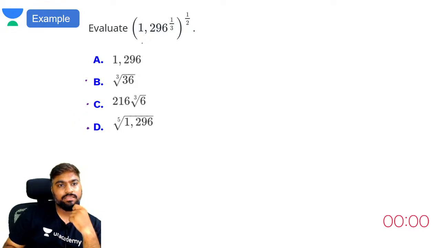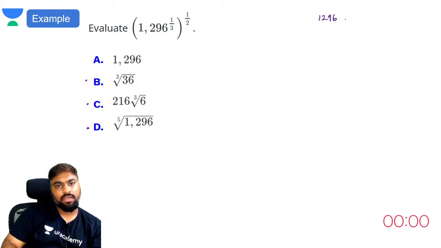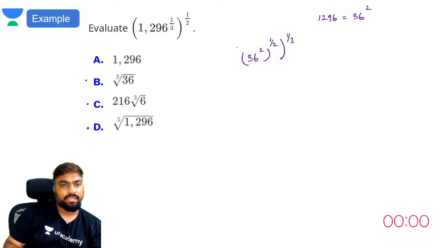Alright, so look at this. 1296. We all know that 1296 is basically 36 square. So we can write this as 36 square to the power 1 by 2 into 1 by 3, or write it as 1 by 2 inside and 1 by 3 outside. Correct? So this 2 gets cancelled.